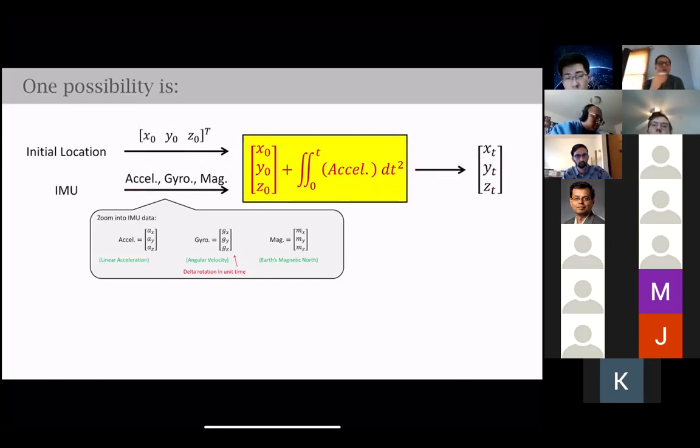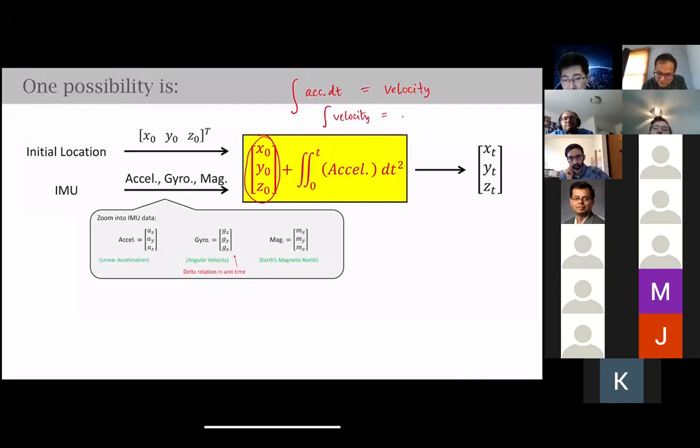What can you do? So this is what I'll do. I know the initial location. I also know that double integration of acceleration gives me displacement. Single integration of acceleration gives me velocity, and single integration of velocity gives me displacement.